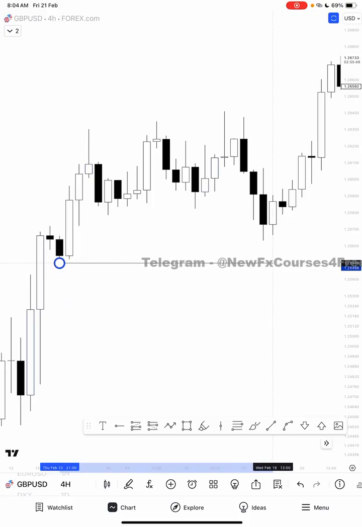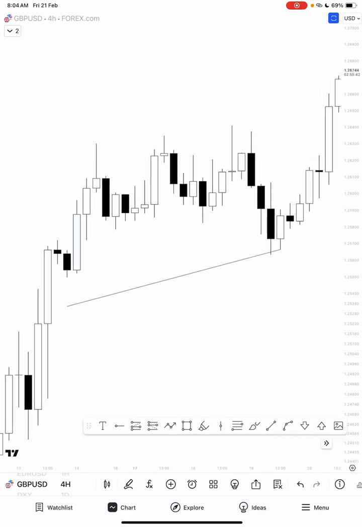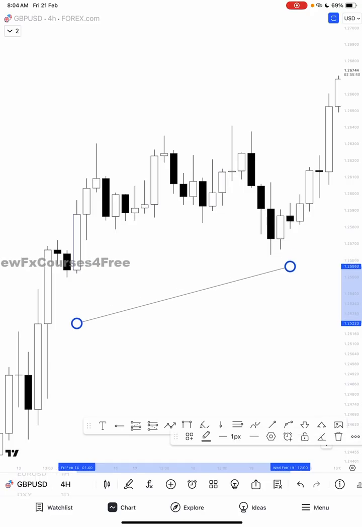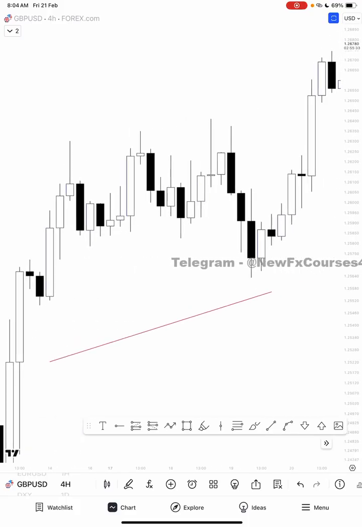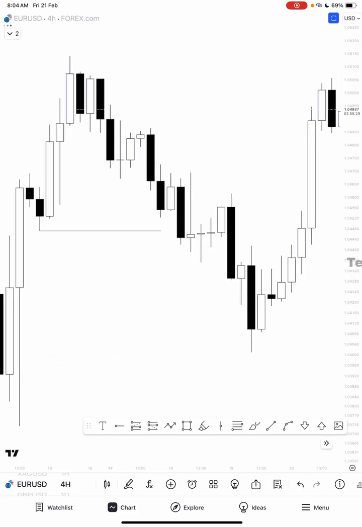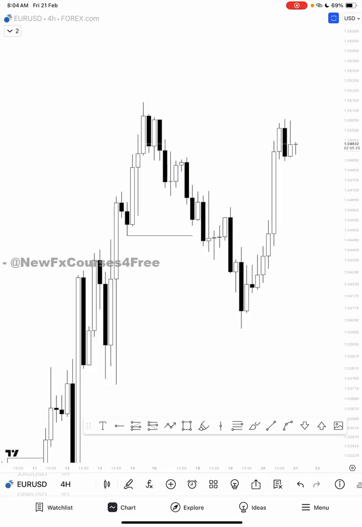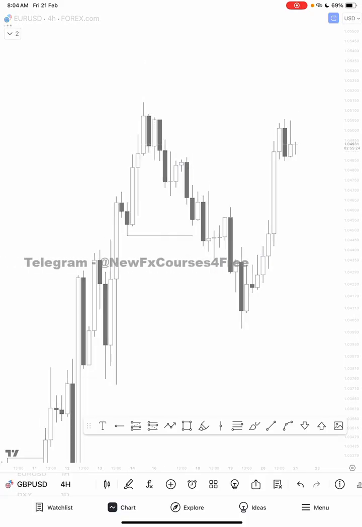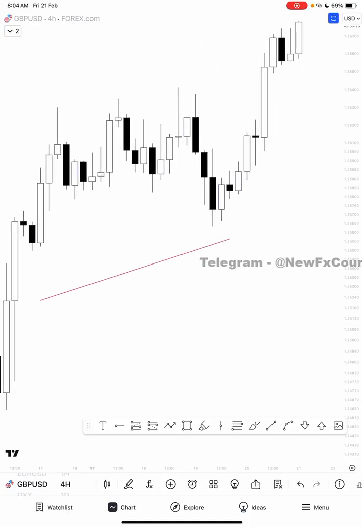So this is actually an SMT in price, and this actually confirms that GBP/USD is more bullish than EUR/USD. So we got an SMT in price. So if I'm bullish for the week, I will focus on GBP/USD more because it's more bullish.